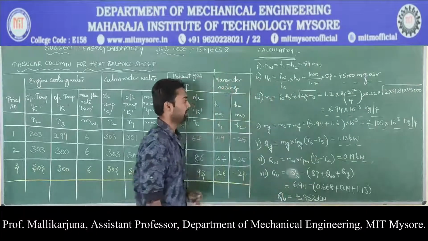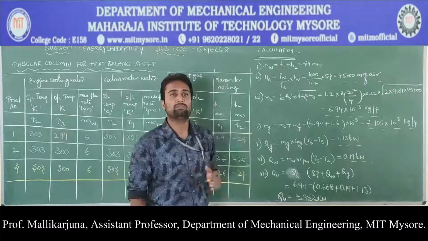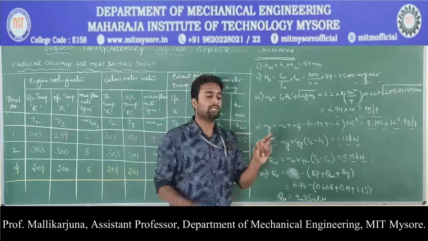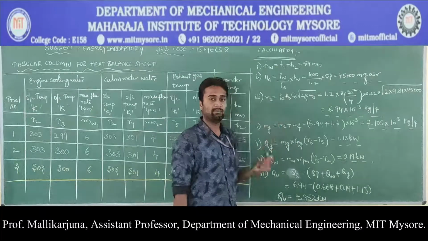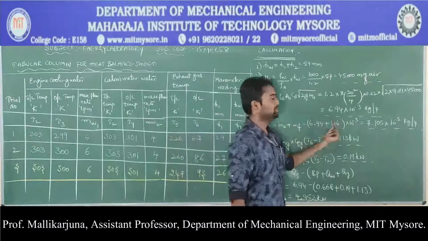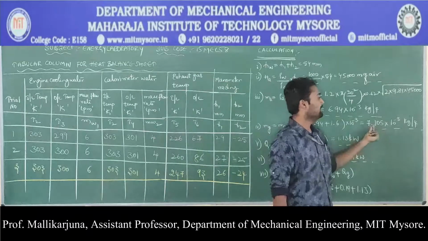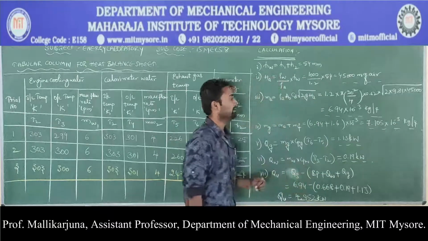Now, we are very clear, mass of the exhaust gas will be summation of mass of the air as well as mass of the fuel. So, mass of the fuel we have calculated in the previous stage, mass of the air now we have calculated. Upon summation, the value turns around to be 7.105 into 10 to the power of minus 3 kg per second.